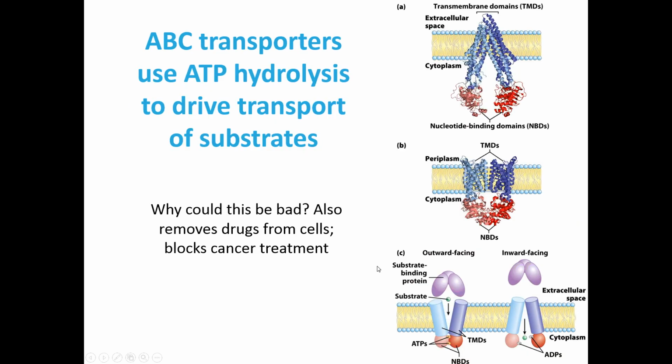And then we finish up today showing you this specific type of transporter called an ABC transporter. ABC transporters are used to drive very specific substrates across membranes. We have these that move all sorts of things across membranes. For the most part, they are very important to us. They move molecules in the direction we want them to move. But believe it or not, they actually have been bad for us.